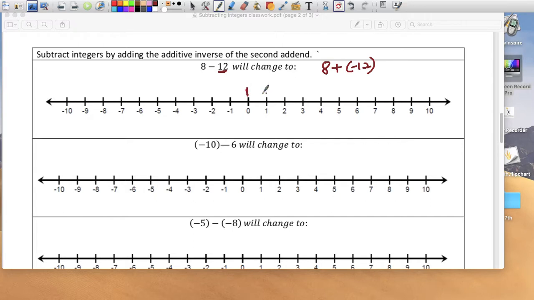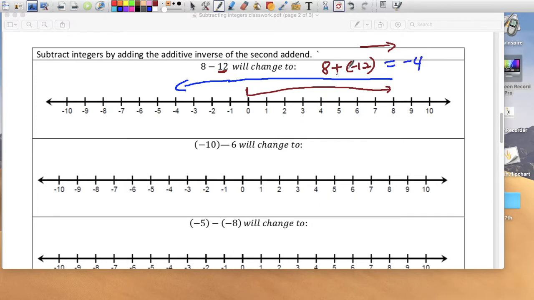So we get 8 plus -12. We're supposed to go to the right, but because it's negative, we're going to go this way. -12, 8, 9, 10, and we're going to go all the way here. And that equals -4, right? 8 plus -12, who's going to win? The negatives are going to win. ¿Quién gana? Los negativos. ¿Por qué? Tienen 4 más. There's 4 more, right? There's so many ways of trying to understand this.